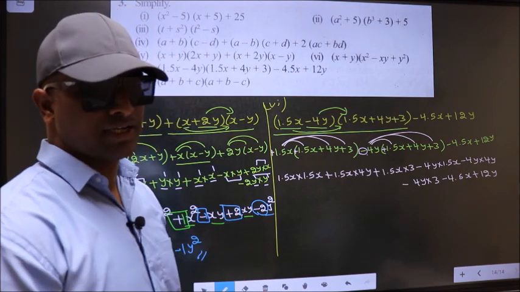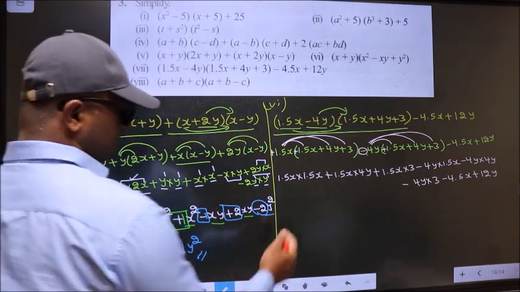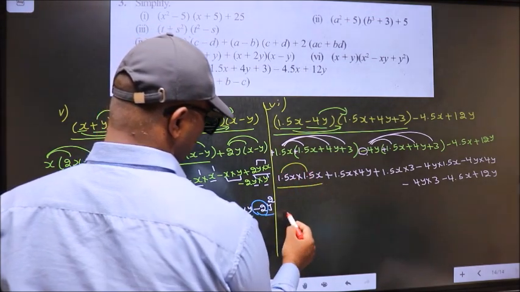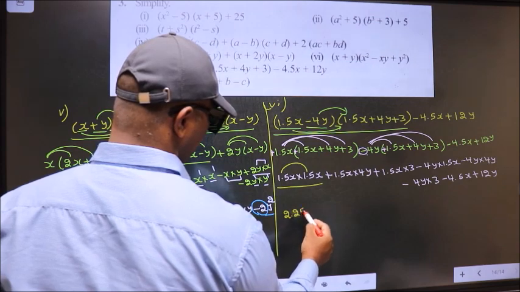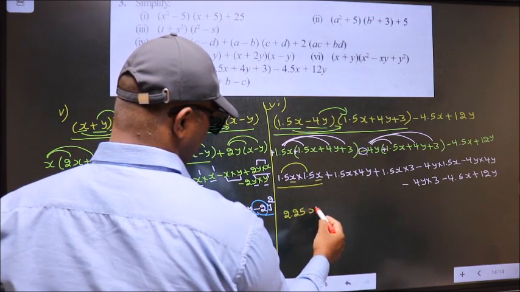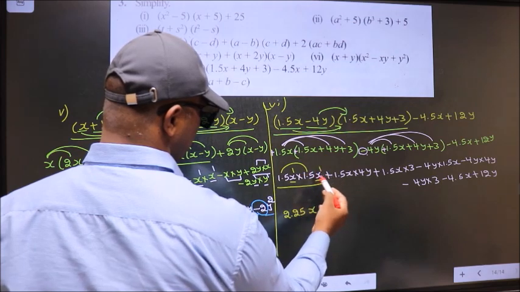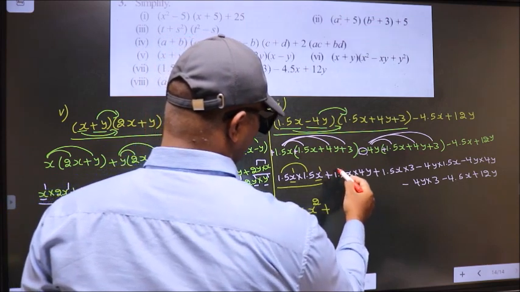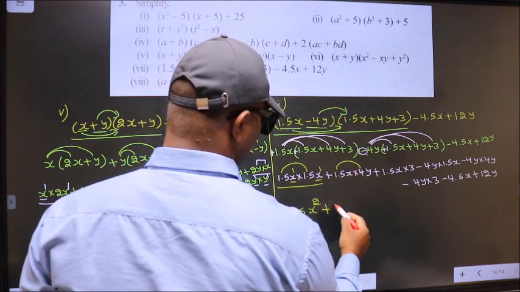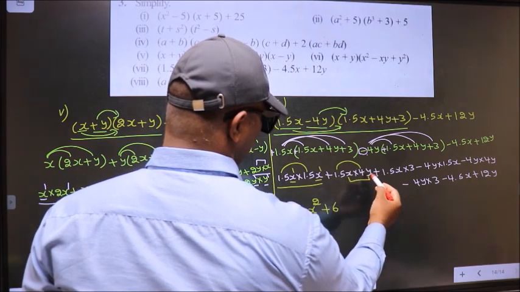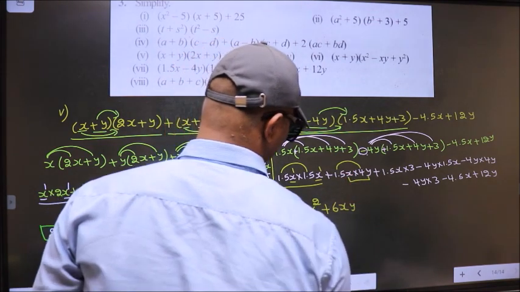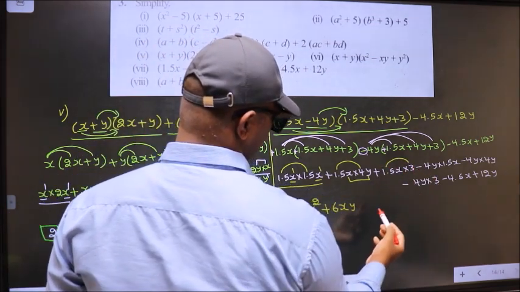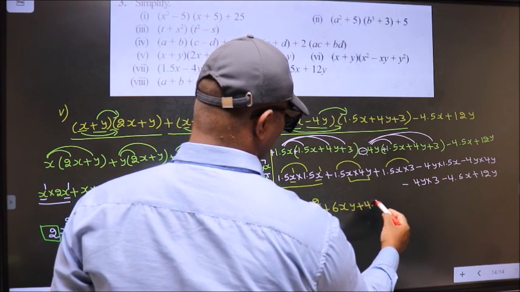Clear so far? Next. Now here, first numbers 1.5 into 1.5 is 2.25. X here you write and the power is sum of the powers. 1 plus 1, 2. Now plus first numbers 1.5 into 4 is 6. These are different letters, so write as it is. Now here numbers 1.5 into 3 is 4.5.